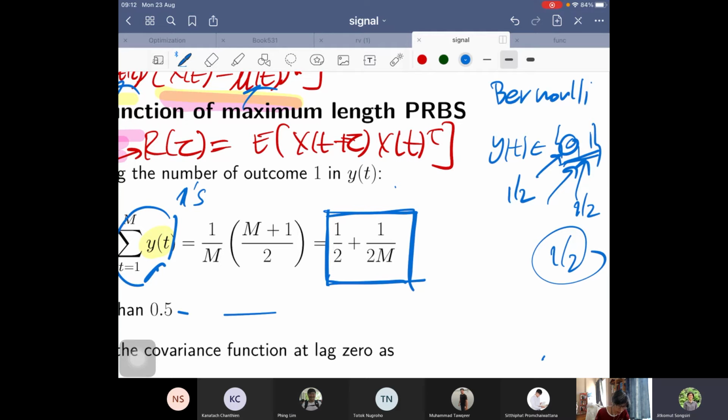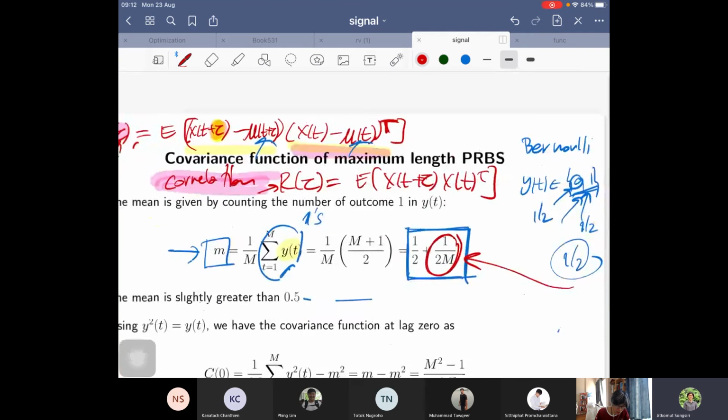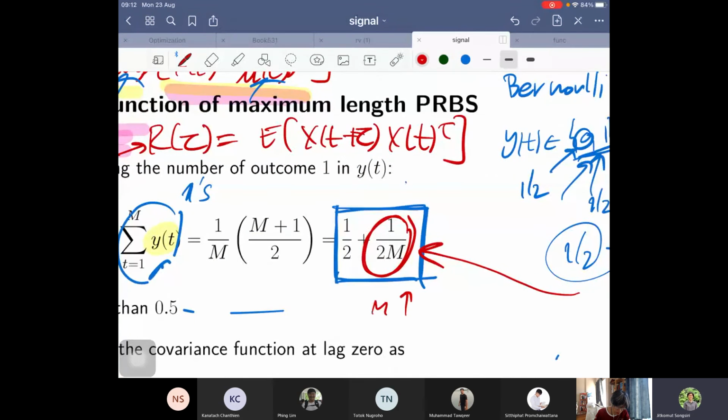But now let's take a look at the mean of the PRBS. You have 1/2 plus 1/(2M). So you have this extra term. When M is large, 1/(2M) is going to be less and less.